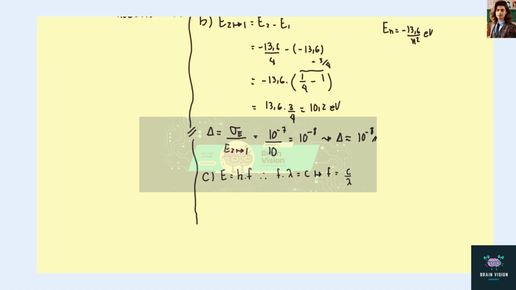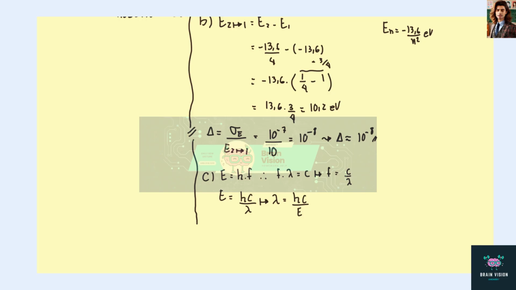We can plug in this relation in this equation to get the following. The energy of the photon is equal to h times c divided by lambda. Therefore, the wavelength of the emitted photon is equal to h times c divided by the energy of that photon. Now, that photon is emitted as a consequence of the transition from n equals 2 to n equals 1.